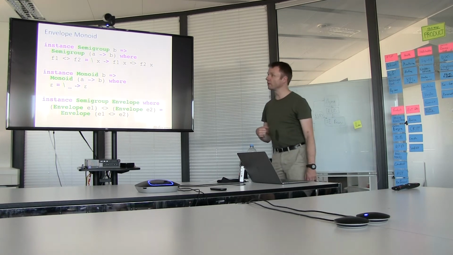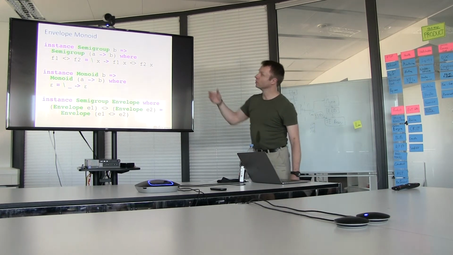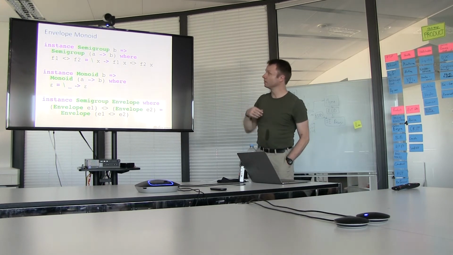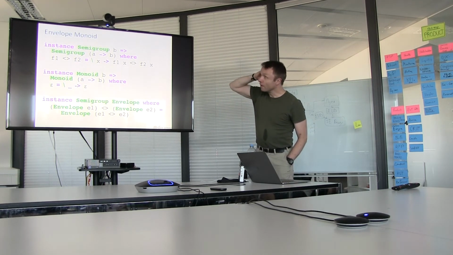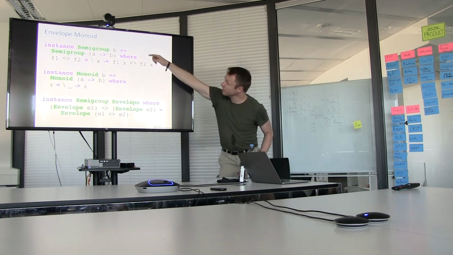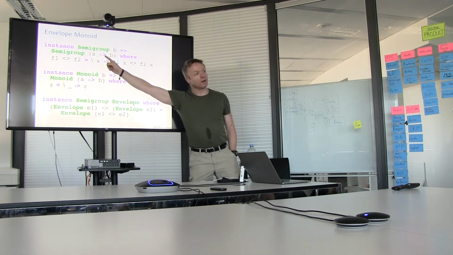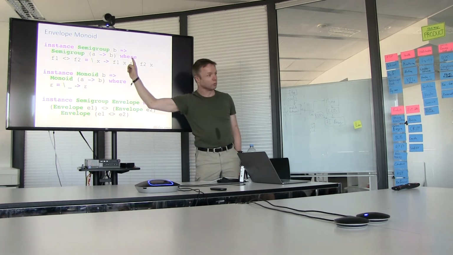And so it turns out that if you apply enough algebra, you can write very simple definitions here. In this case he says, we're first going to define how, if B is a semigroup, functions from A to B are also semigroups.